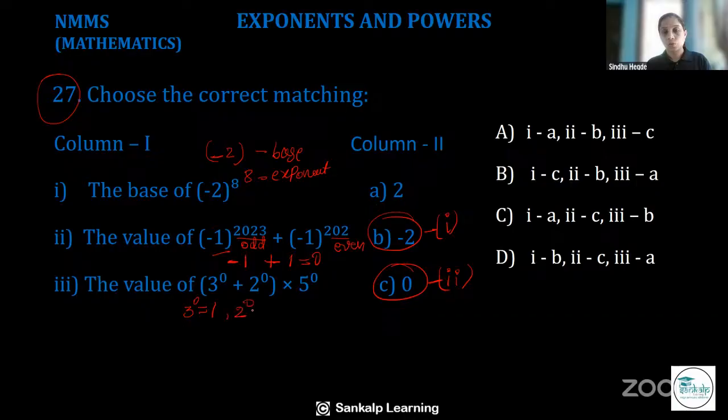Similarly, 2 raised to 0 is also 1, and 5 raised to 0 is also 1. Substituting, 1 plus 1 into 1. So 1 plus 1 is 2, and 2 into 1 is 2 only. So we get 2. Hence, 3 matches with A.